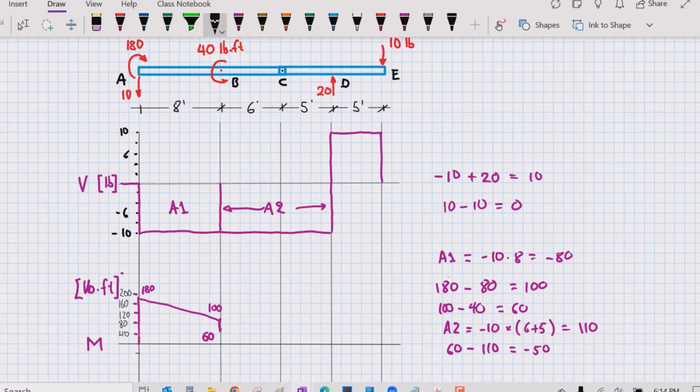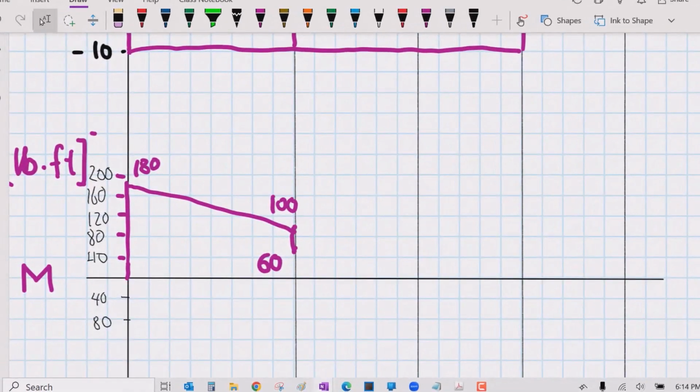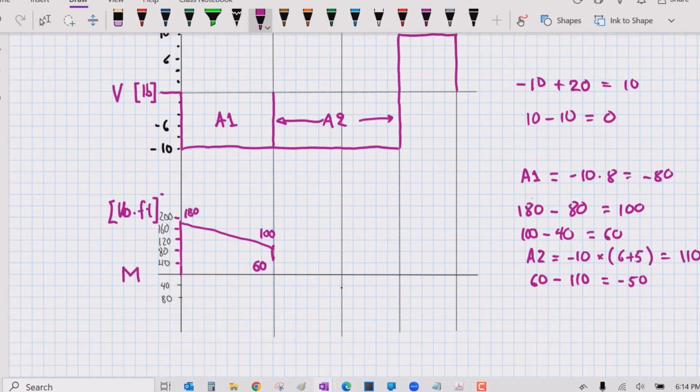40, 80, 40, 80. So let's see, minus 50 should be, this is 60, 50 will be somewhere over here, right? This little dot here is 50. So we go from 60 to 50 here.